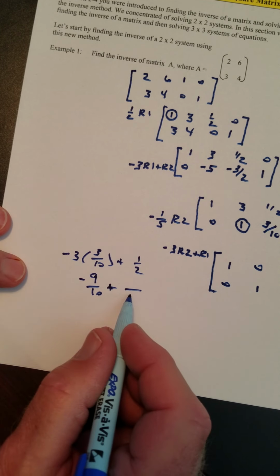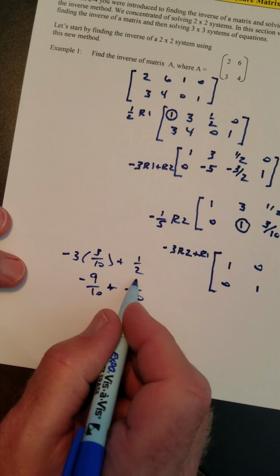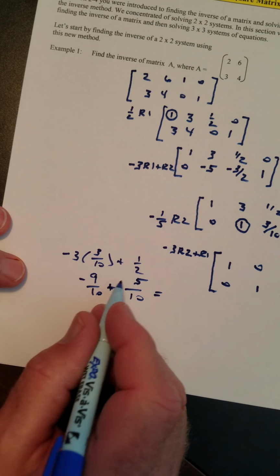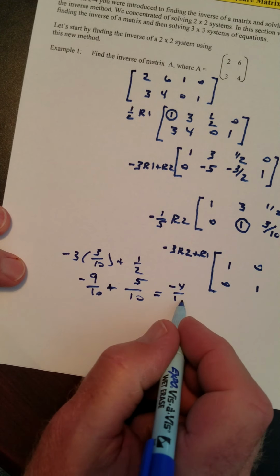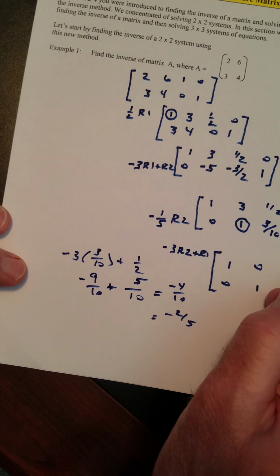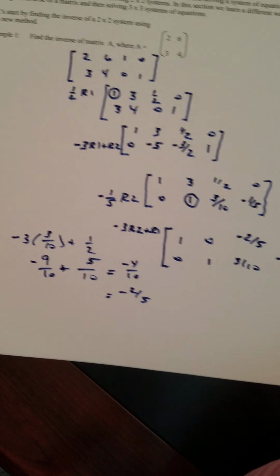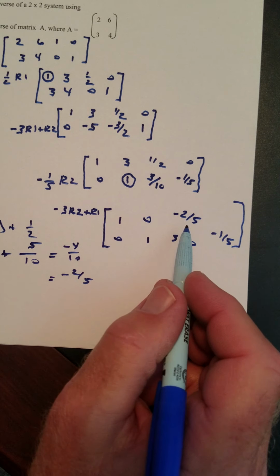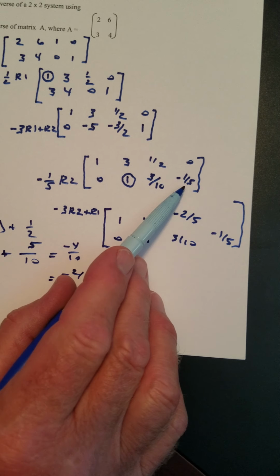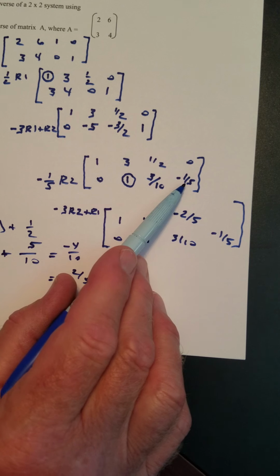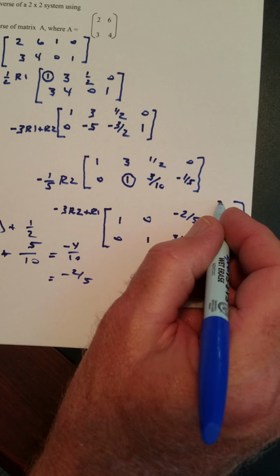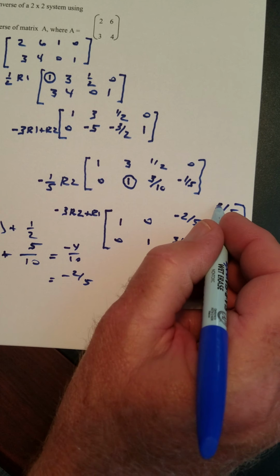To add, you've got to have a common denominator, so let's say 10. 5 over 10 is the same thing as 1/2. So negative 9 plus 5 is negative 4 over 10. In lowest terms, that's negative 2/5. That goes over here. Okay, and then I've got to multiply negative 3 times negative 1/5. So the negatives drop out. That's 3 over 5 plus 0 is 3 over 5.